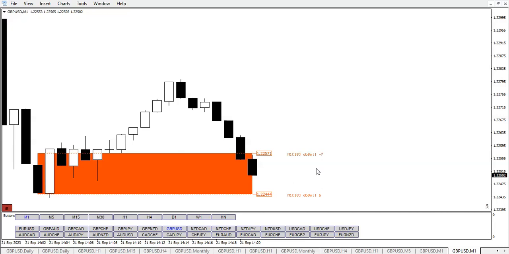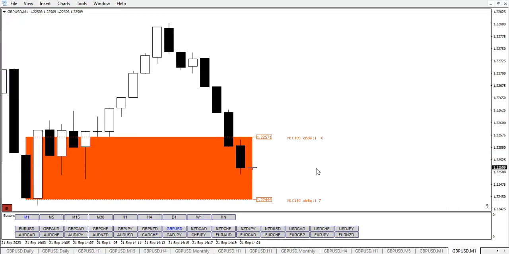And we're right above. Now we are in the launch pad. So we're 4 pips off that low.